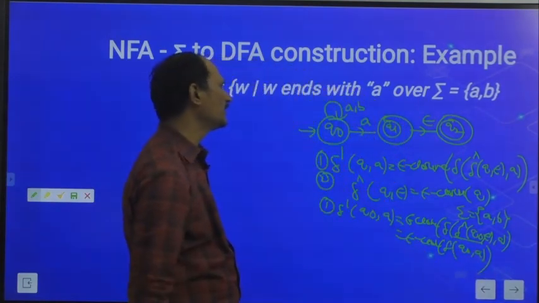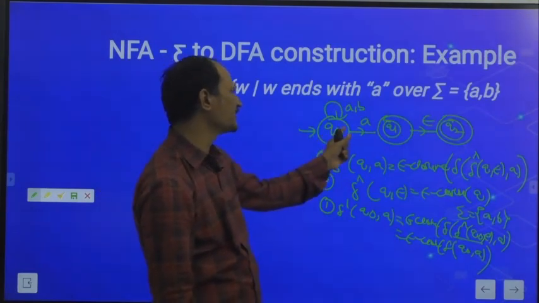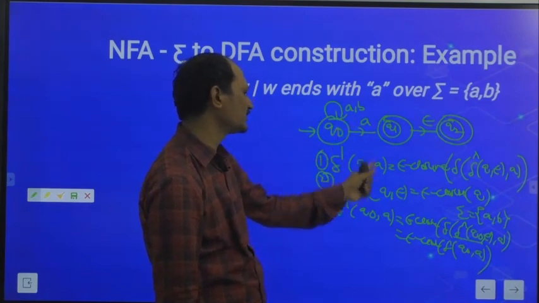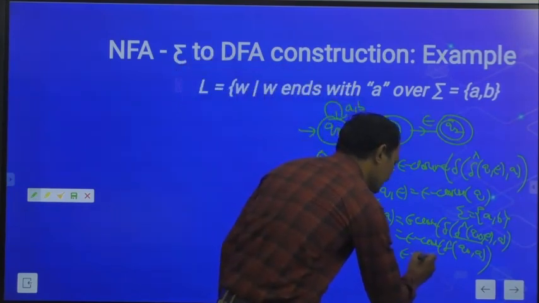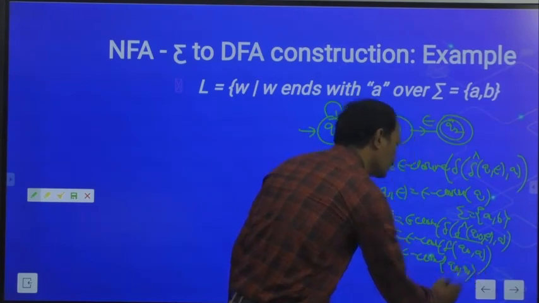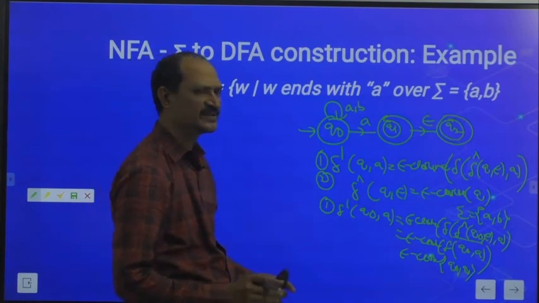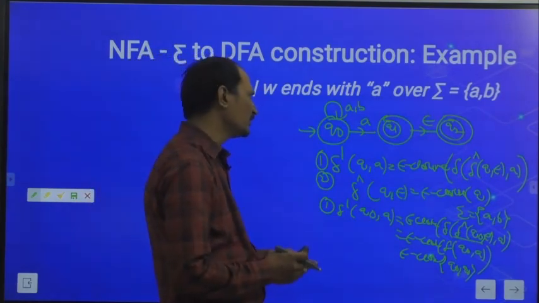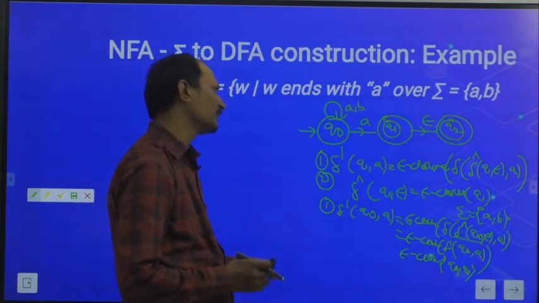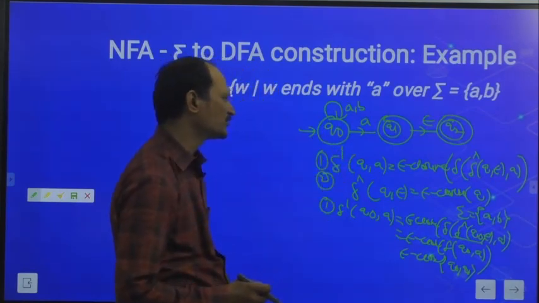What can I find? Delta of Q0 comma A means I can have Q0 as well as Q1. Epsilon closure of Q0 comma Q1 is epsilon closure of Q0 union epsilon closure of Q1.